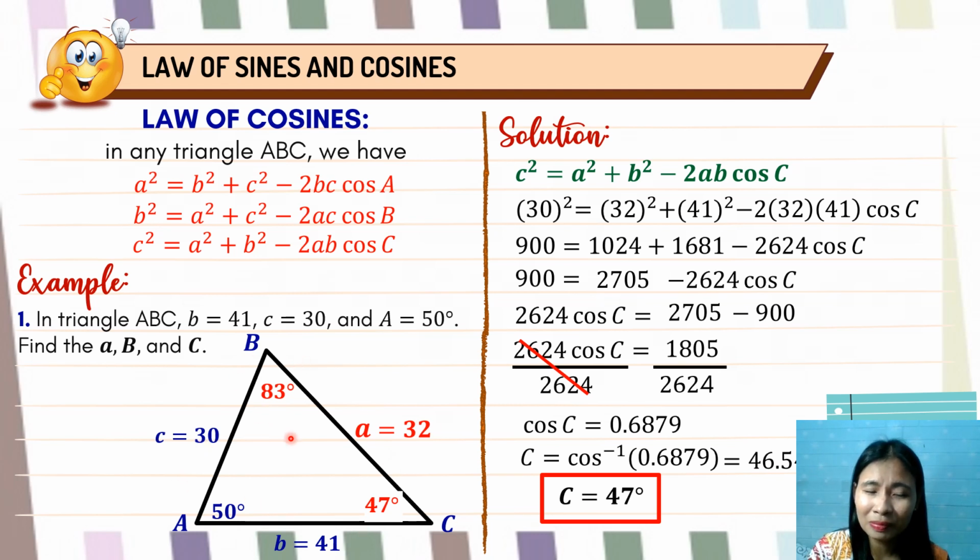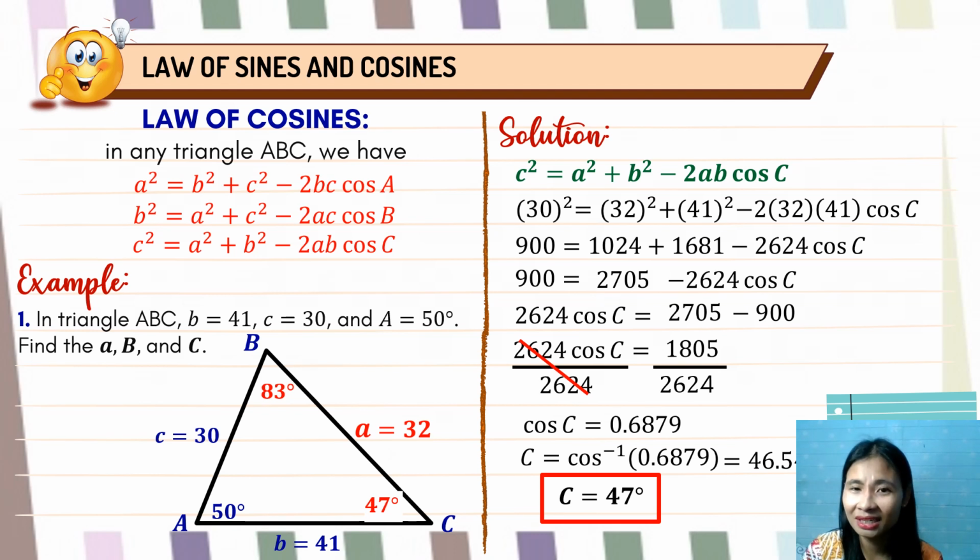And the side opposite the largest angle should be the longest side. So of 30, 32, 41, the longest side is 41, and that is opposite the largest angle, 83. And the middle side is opposite the middle angle, 50 degrees. So that is one way of checking whether you were able to get the answer correctly or not.